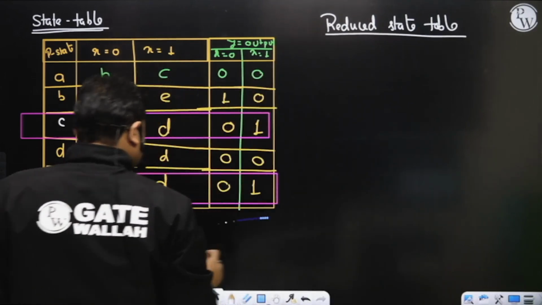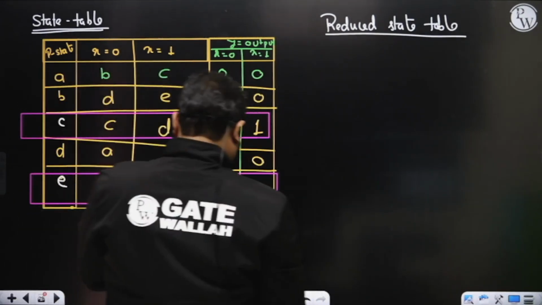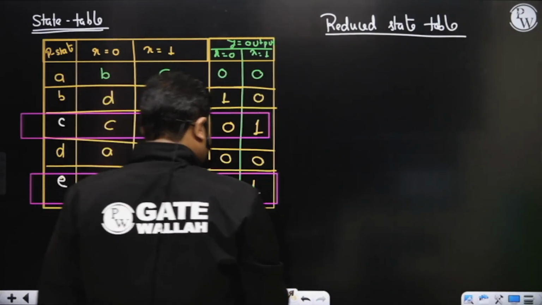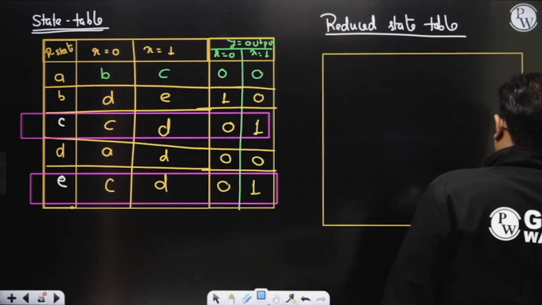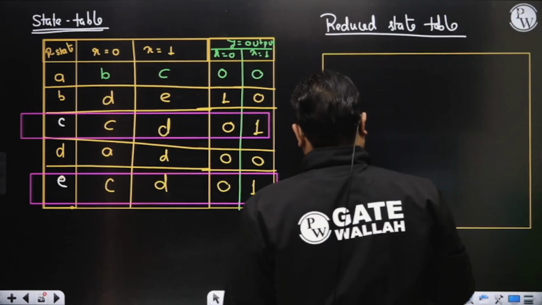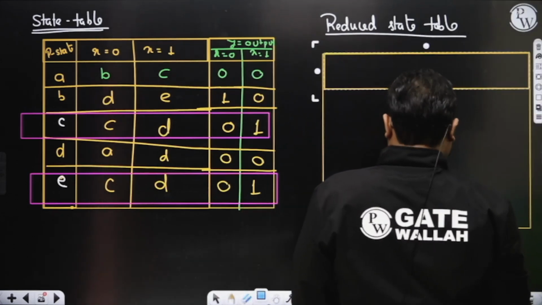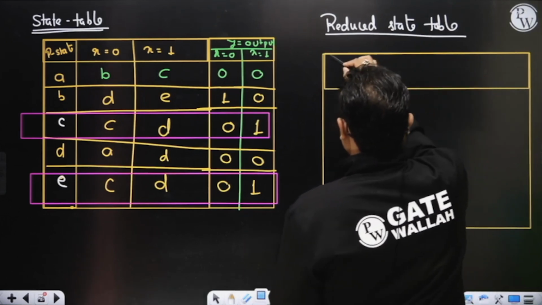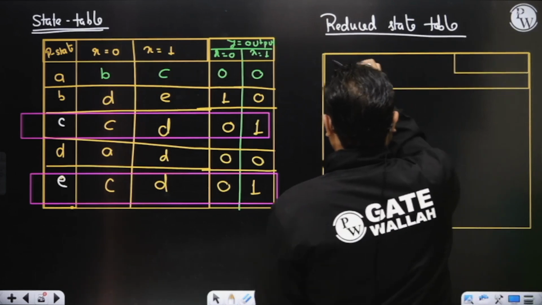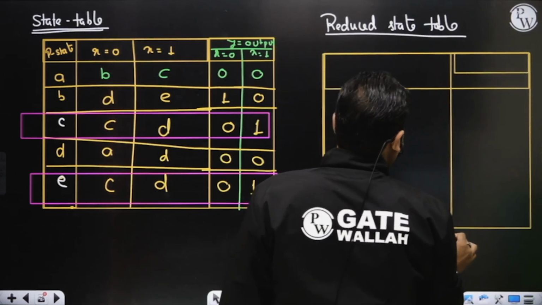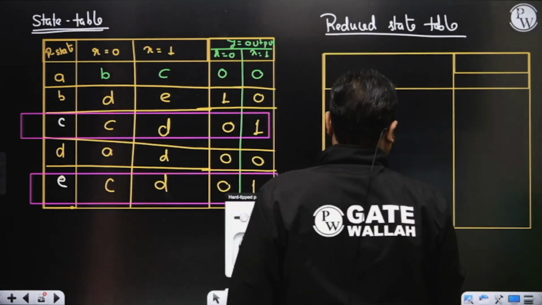In a reduced state table, you can remove either C or E, because the two are giving the same output for all possible same input conditions. So now please observe here.